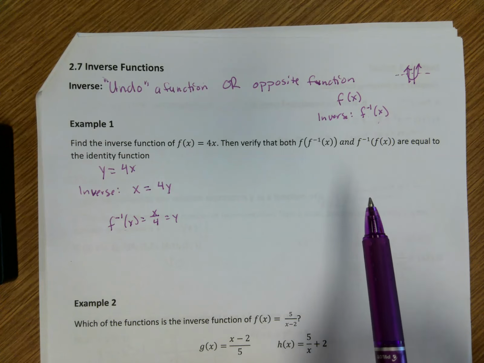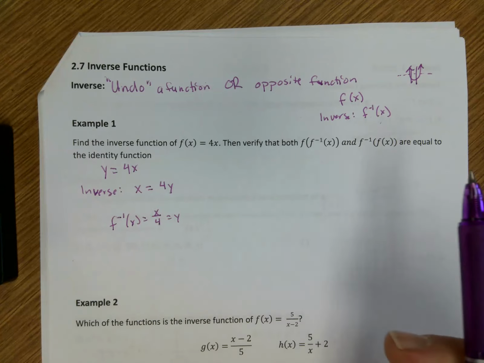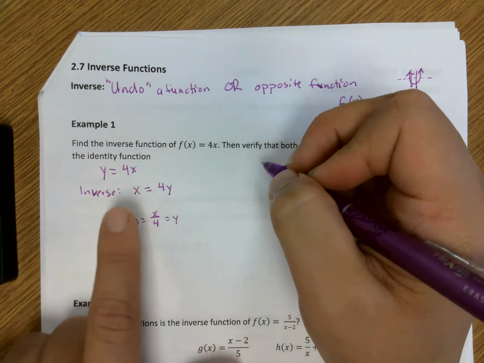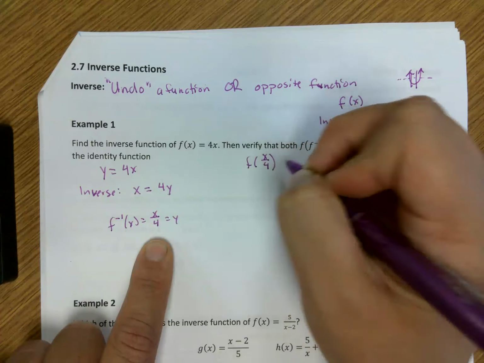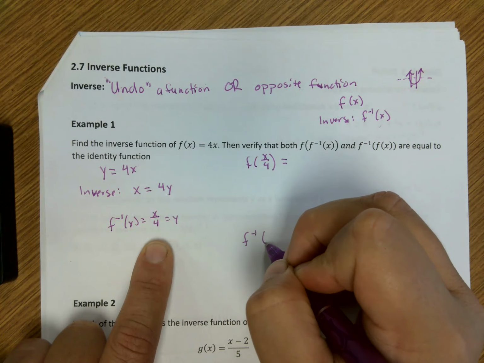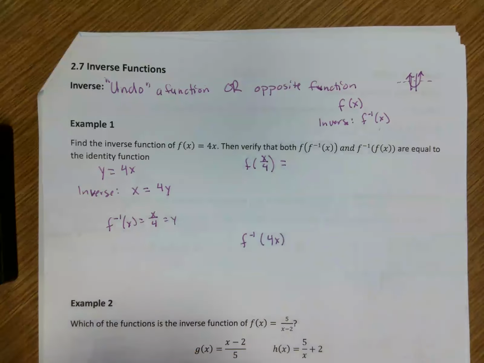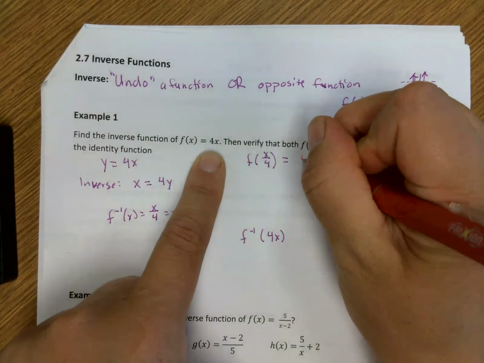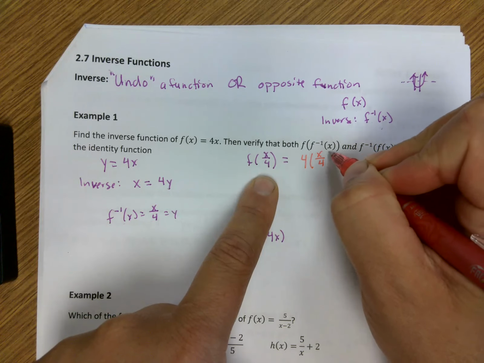Now, to see if this is true, what has to happen is I do the composition of both of these two functions. I put my inverse function into my function f, and I put my function f into my inverse function. These are the two things I'm checking. For the function f, I say 4 times, replacing that with my x over 4.